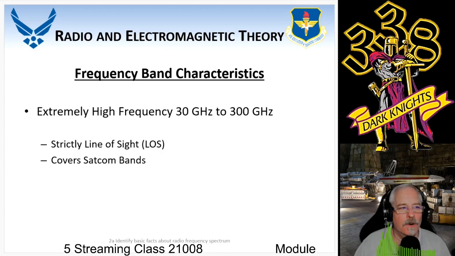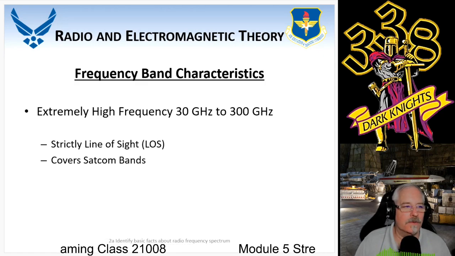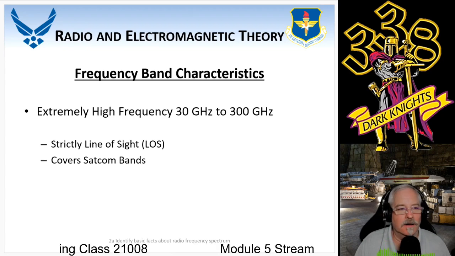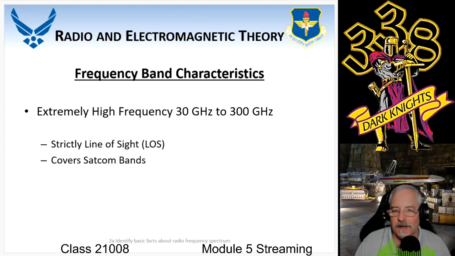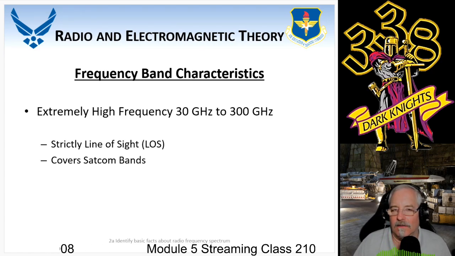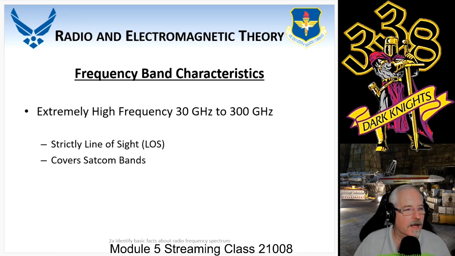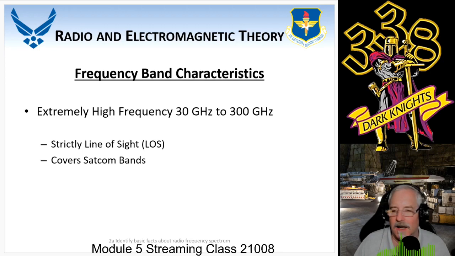And then lastly, you have your EHF, your extremely high frequency. This is strictly line of sight. I think there's a place in your study guide workbook that talks about it. There's nothing out there. What is the farthest that it can go? And it says like 2.5 miles or 2 miles or something to that extent. This is that little Satcom band.